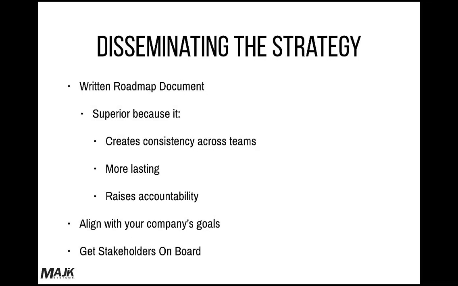And you really want to align it with your company's goals. If there's certain initiatives for higher quality or reduced cost per goods sold, or other initiatives that your company has, aligning your Industry 4.0 roadmap with that will definitely make sure that the projects deliver value right away and move forward. From there, you can work on getting your stakeholders on board.